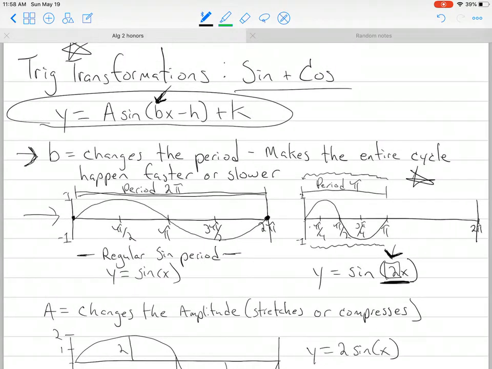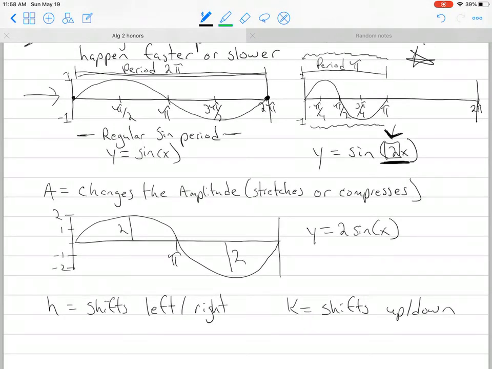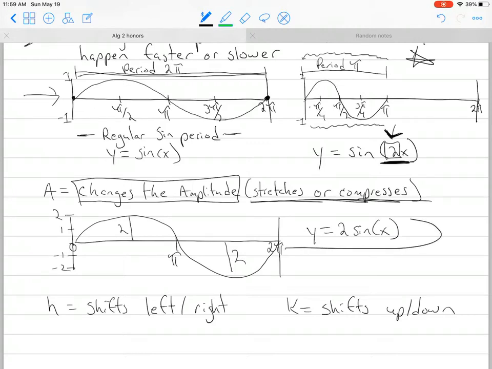The A value, so going back up here, we know what A values do. This A value changes the amplitude. So it basically gives me a stretch or a compression of the graph. Notice from 0 to 2 pi, my period is the same when I do y equals 2 times the sine of x.